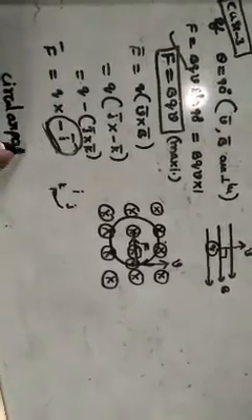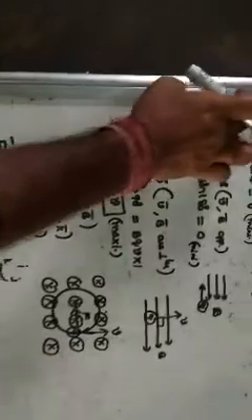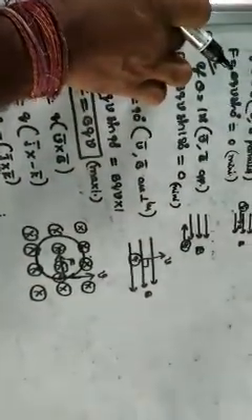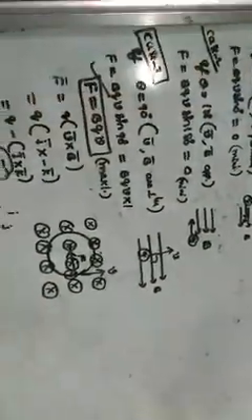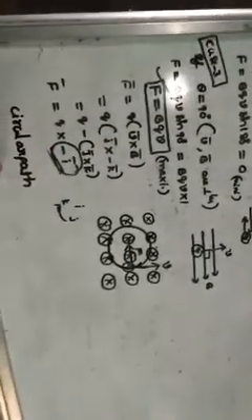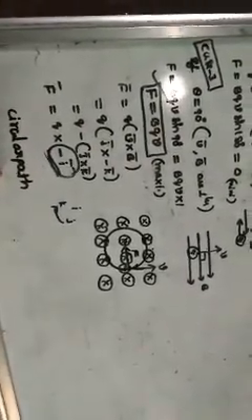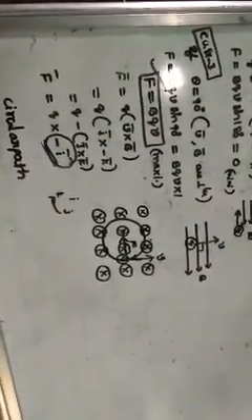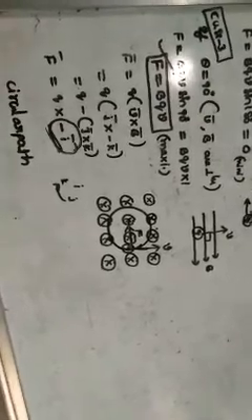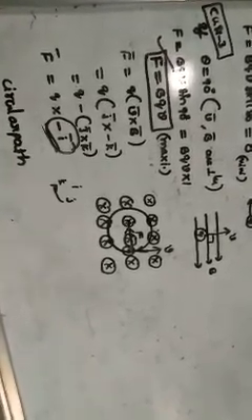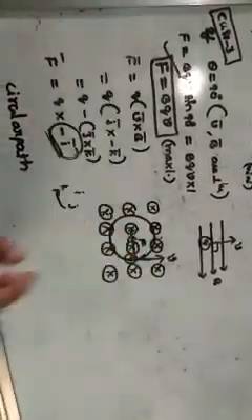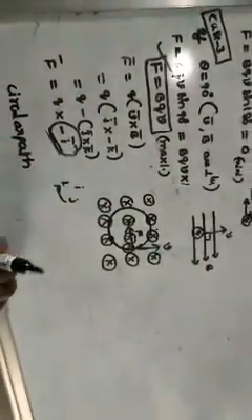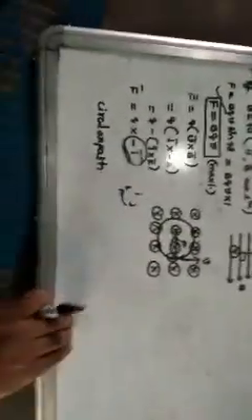I told you in case 1 and case 2, the particle is moving in a straight line path, but in case 3, the particle is moving in a circular path. Now the questions are, if it is moving in a circular path, what is the radius? What is the time period? What is the frequency? All these points we have to study right now.